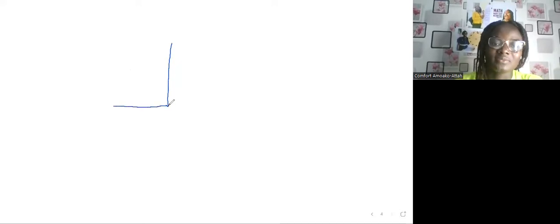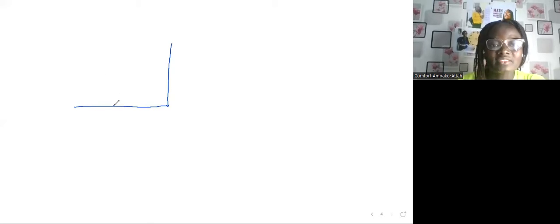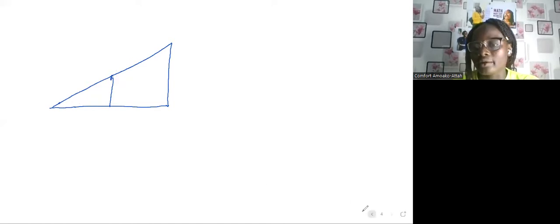So this is the pole and this is our stick. Let's clear it. Then they are standing on a level ground. This is the level ground. And so we get our right angle triangles over here.